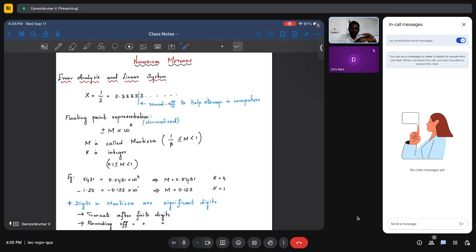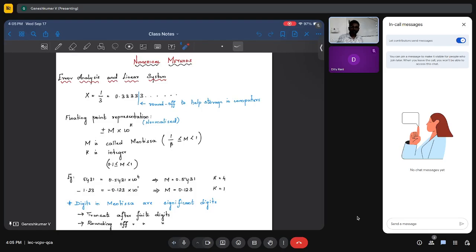So to avoid solving them manually or analytically, we prefer to use numerical methods, make use of computers, and solve those equations on the computer. That is how numerical methods came to be used.